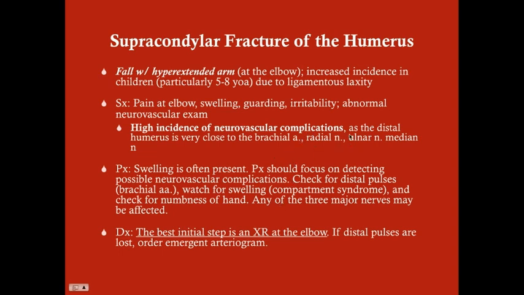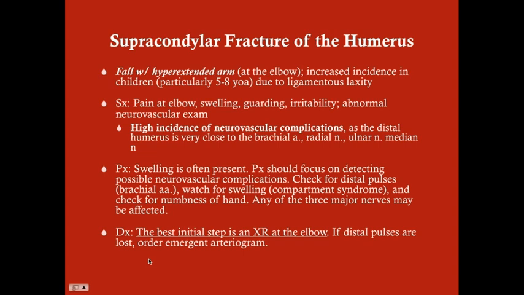The radial, ulnar, and median nerve all supply sensory innervation to the hand. Remember, the ulnar nerve is the more medial hand, the pinky and the ring finger. Radial nerve is more of the dorsum of the hand, and then the median nerve is the lateral hand, the thumb and the pointer finger and the middle finger.